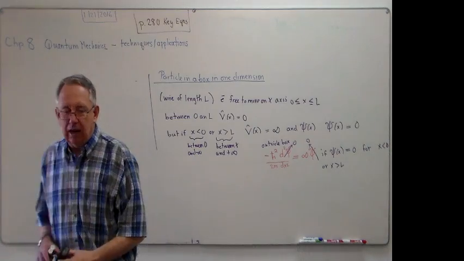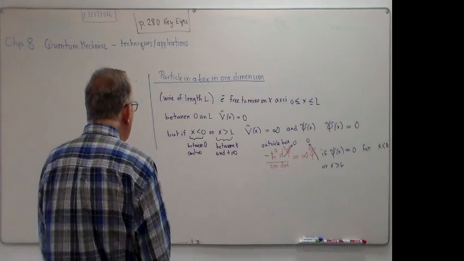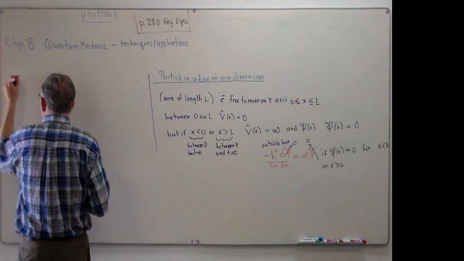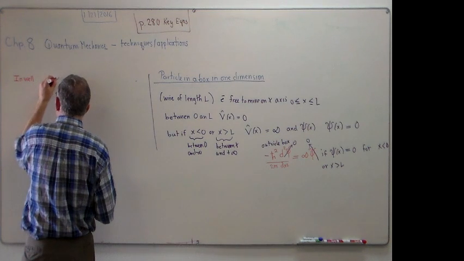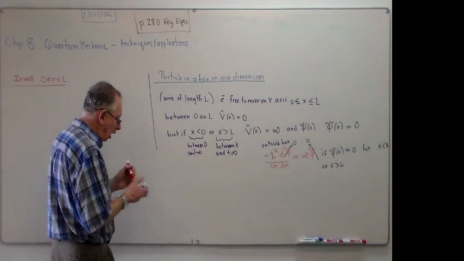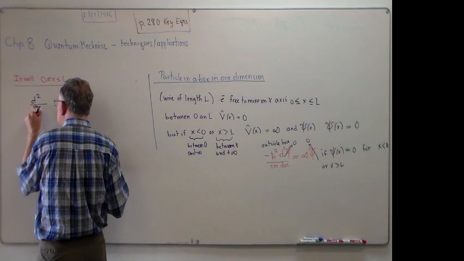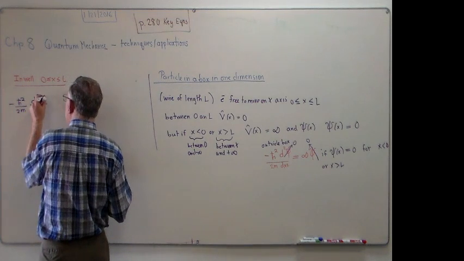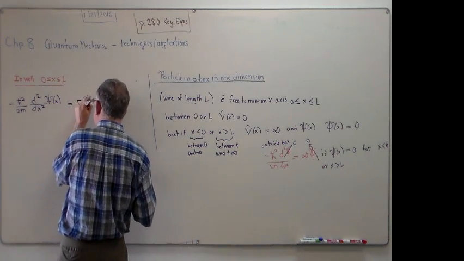All right, now we come to another exciting development. So now we're in the well, between 0 and L. Our quantum mechanics says minus h bar squared over 2m, second derivative of psi of x, equals E psi of x.